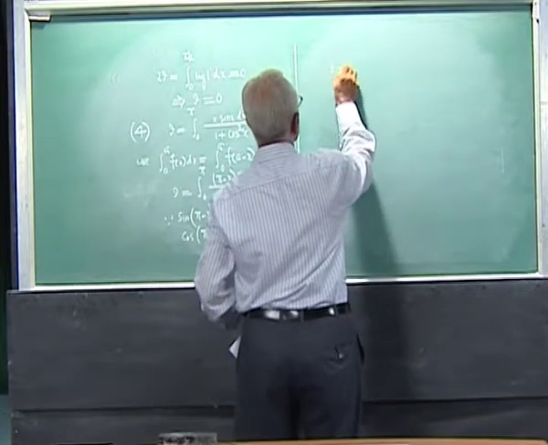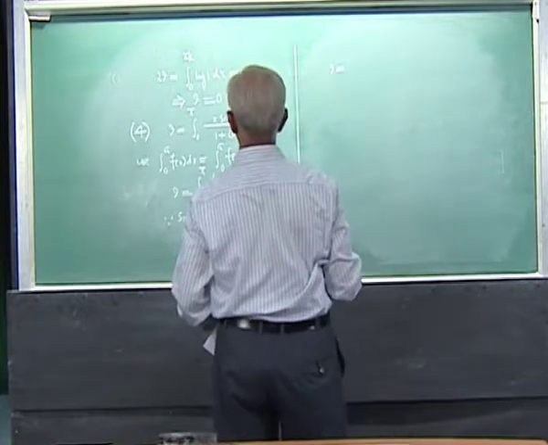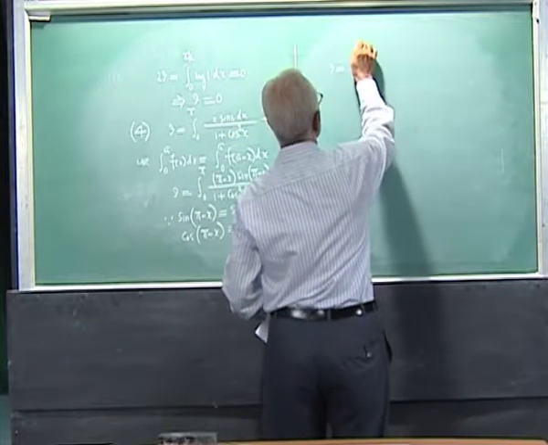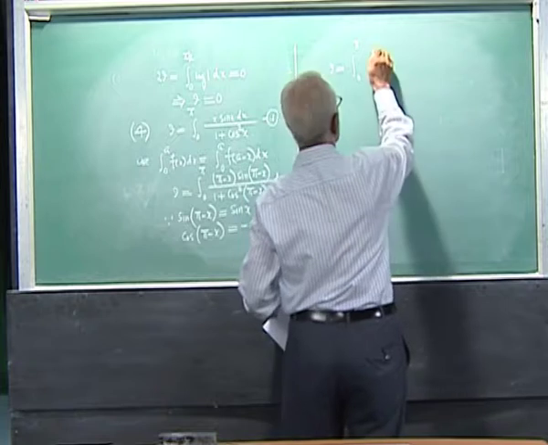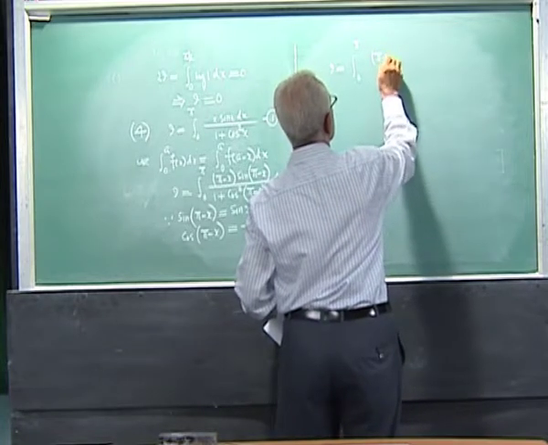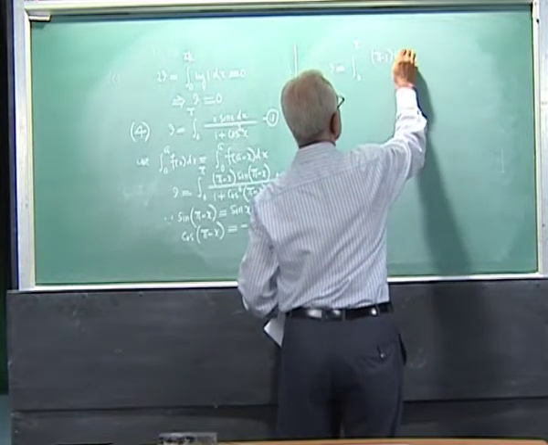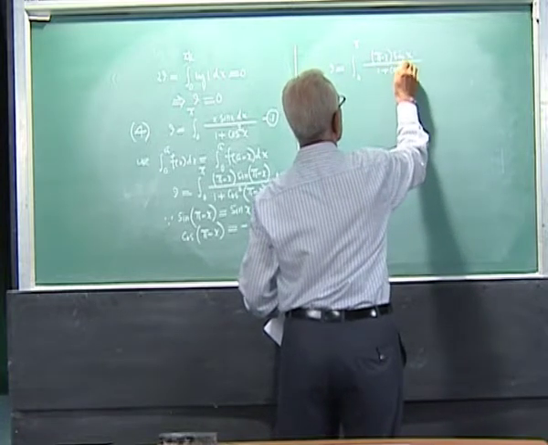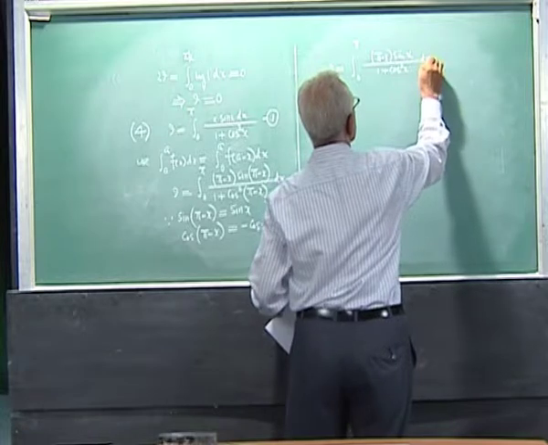Therefore from here the integral is equal to the integral from 0 to pi of pi minus x into sine x, upon 1 plus cos square x dx.